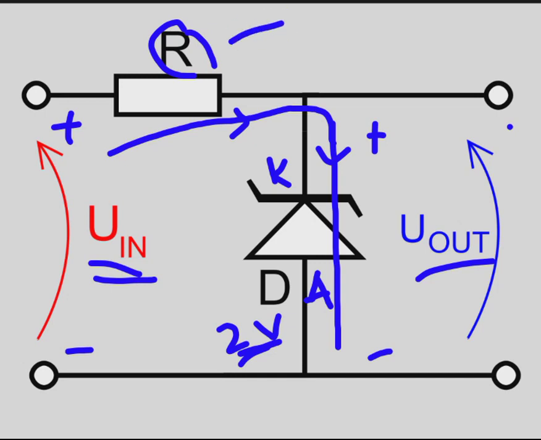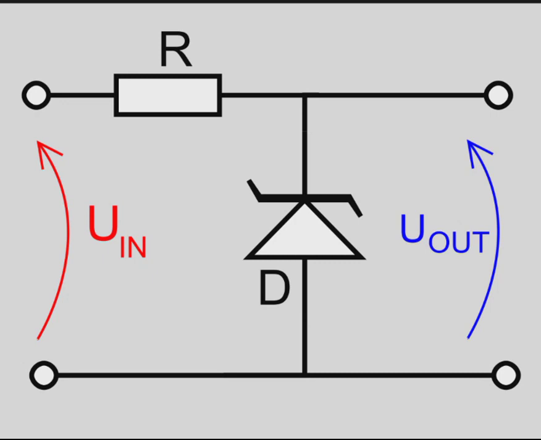This resistor has been used here to limit the current when the diode conducts the current, otherwise the very heavy current flowing through the diode may damage the diode also.